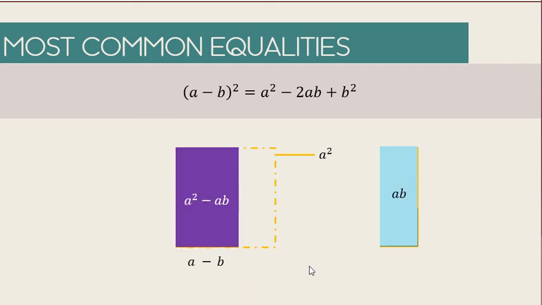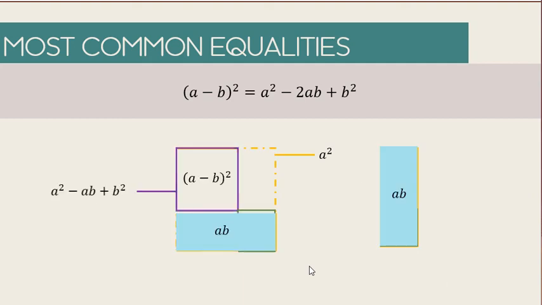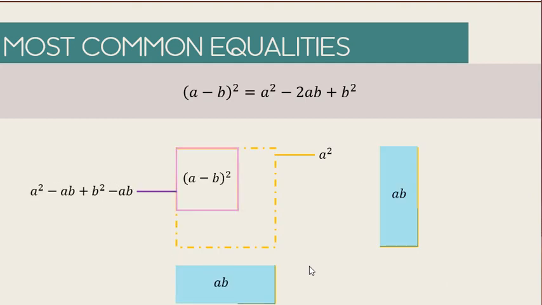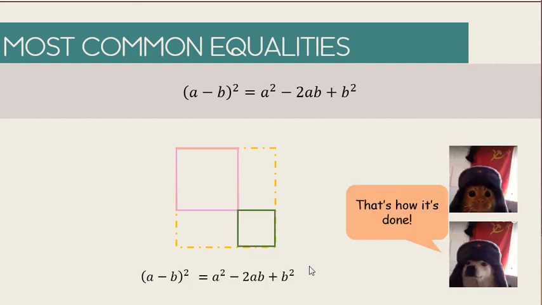And another way, we know that the area is also represented by a squared minus 2ab plus b squared. So the two sides are equal to each other. That's why a minus b squared is equal to a squared minus 2ab plus b squared.